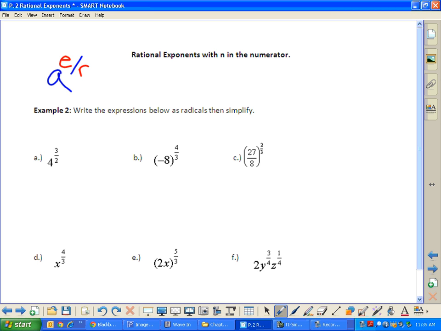So what do E and R stand for? What I need you to take away from today's lesson is the fact that that bottom number right there, that R value, is always going to be our root. So the denominator is always your root.